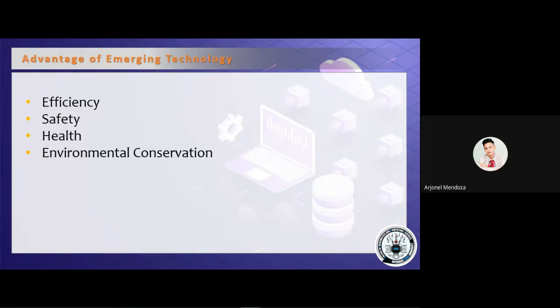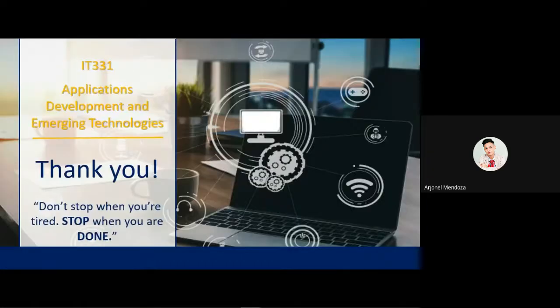For health, example, mga technology na ginagamit in the medical field, like measuring heart rate or heartbeat, blood pressure. So, malaking tulong si emerging technology sa ating health or on the medical field.